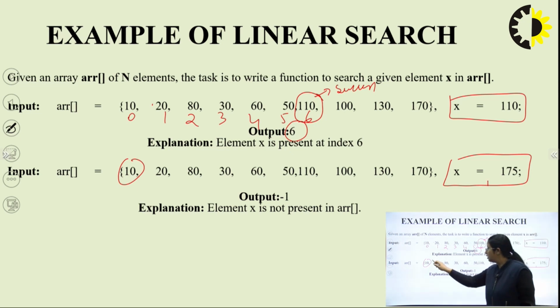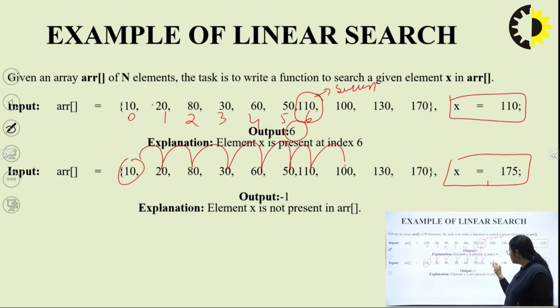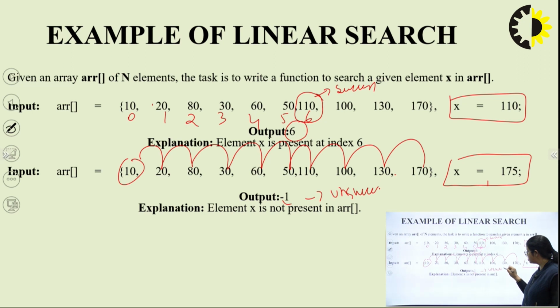One by one, in sequential searching, we traverse our array, but we do not find the element 175 in this array, so we give the output -1. This is a search unsuccessful.